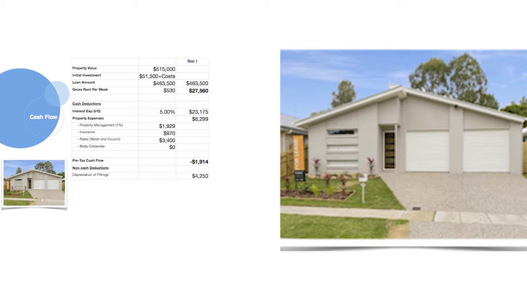Now, it's important to mention here that at the moment, the depreciation on fittings is only applicable if the property is brand new. Now, as I purchased this house brand new, I was able to utilize the depreciation on fittings as well. If you buy a property that's even 1 year old now, you're unable to claim that depreciation on the fittings immediately.